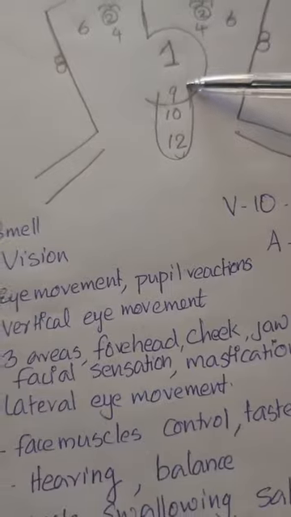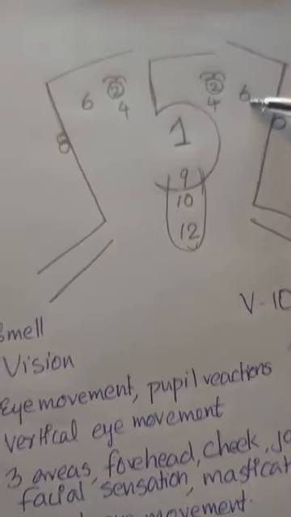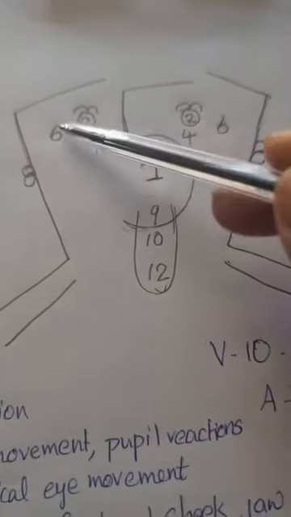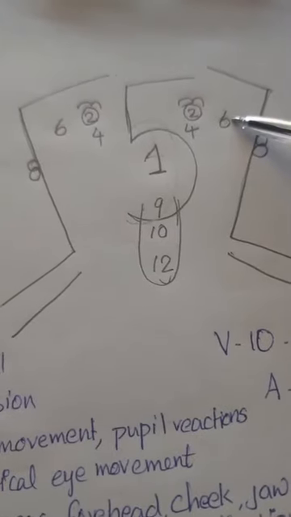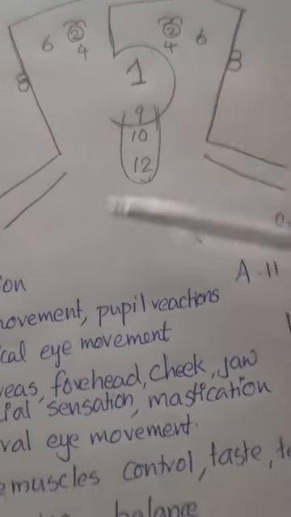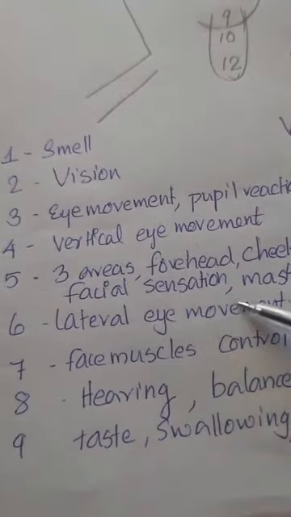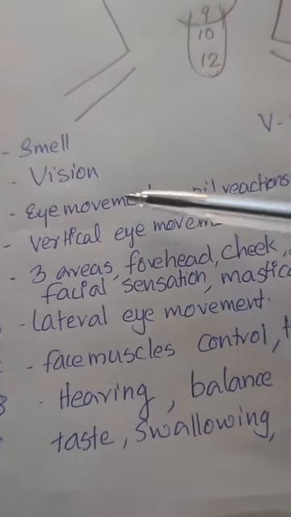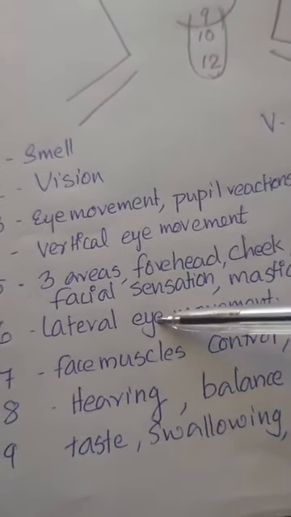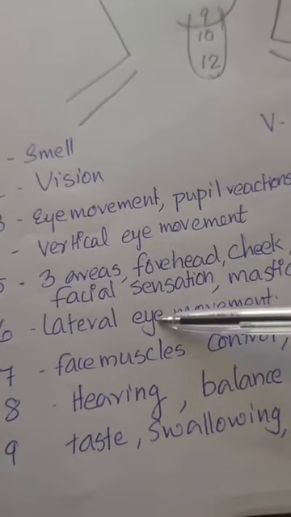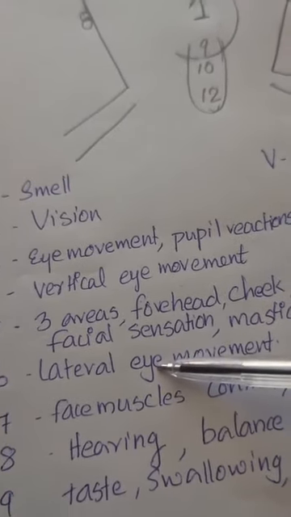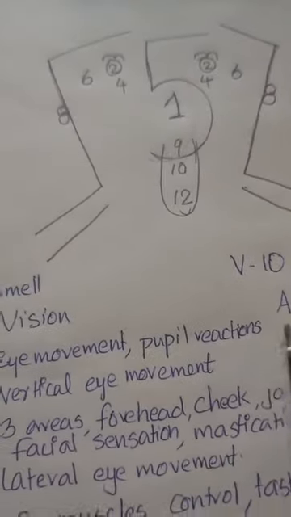And then the sixth one you see towards the lateral side of the eyes. So it is responsible for lateral eye movements. So all 3, 4 and 6, these 3 nerves are responsible for the eyes.